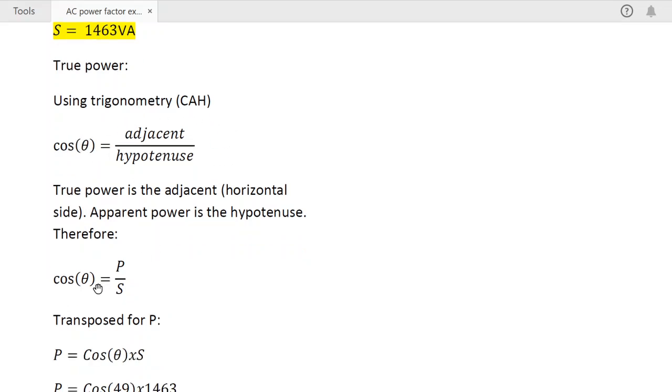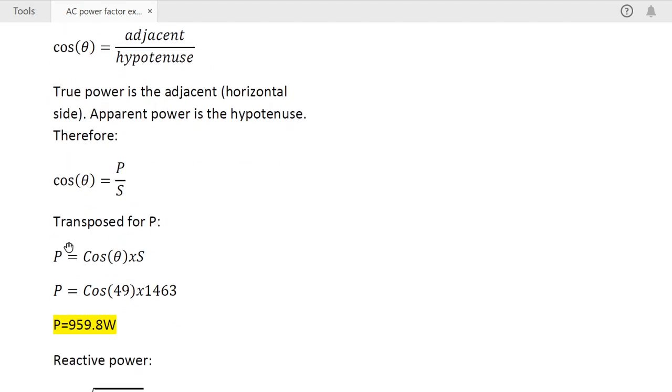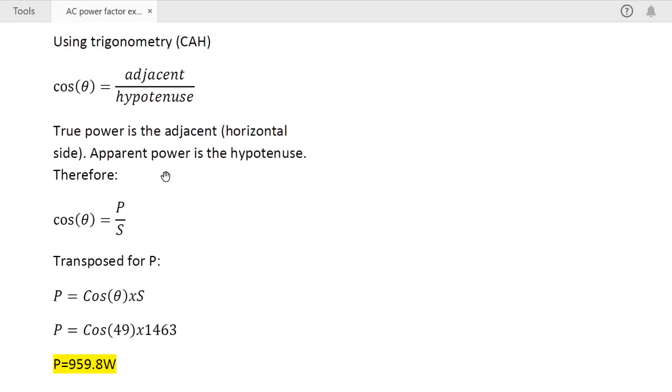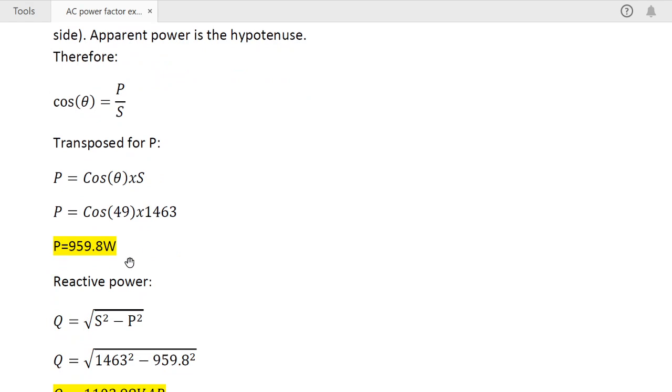So cos of the angle equals P over S, true power over S, which is adjacent over hypotenuse. We transpose that for P, so P equals cos of the angle times S. So that would be cos 49 times 1,463, which was our apparent power up here. Gives us a true power of 949.8 watts.